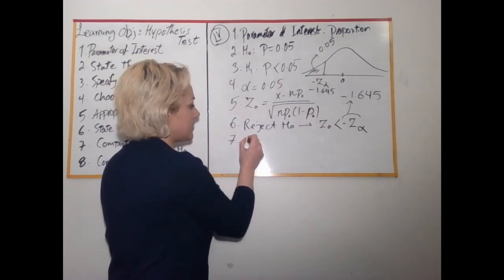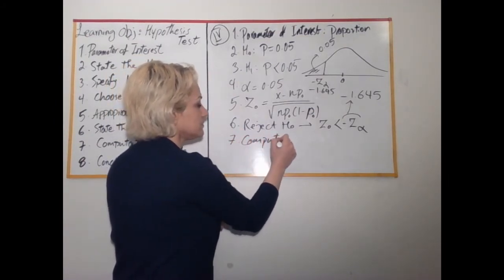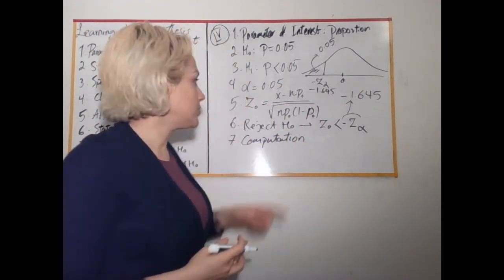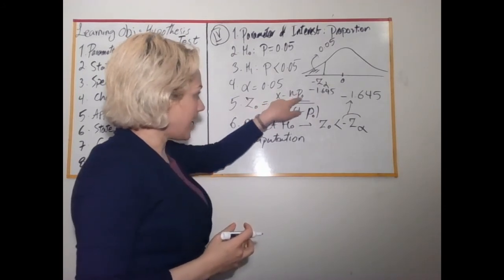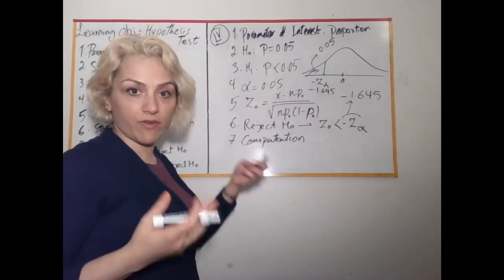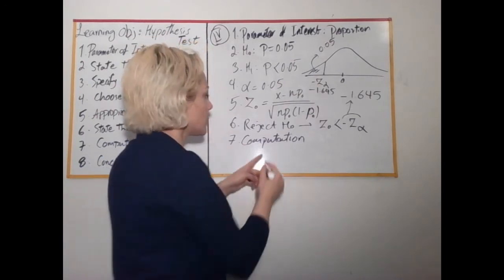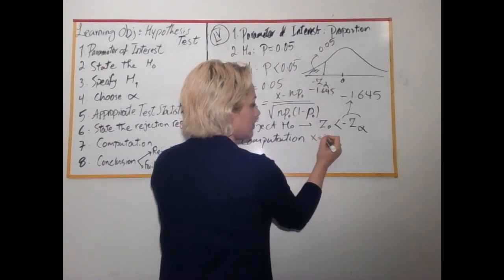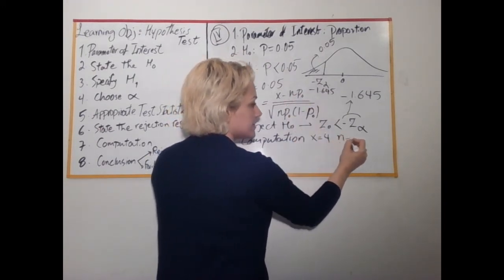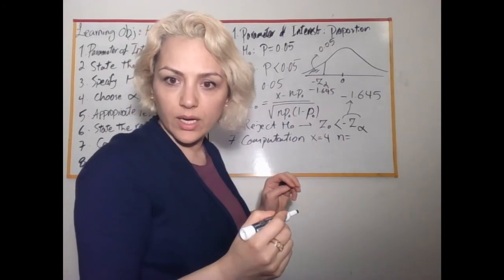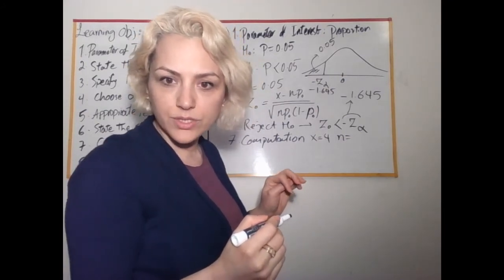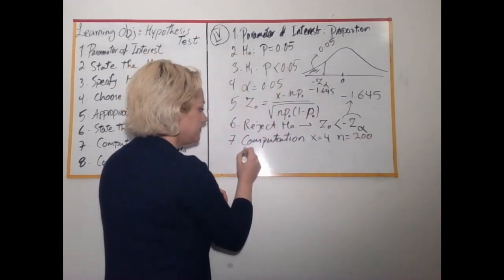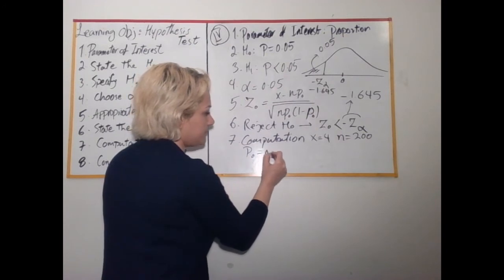Number 7 is the calculation. For the calculation part, we need to find x, n, and p null, so that in this equation we can find the value of Z null. When you read the question, your x is equal to 4, n is equal to 200, and p null is 0.05.